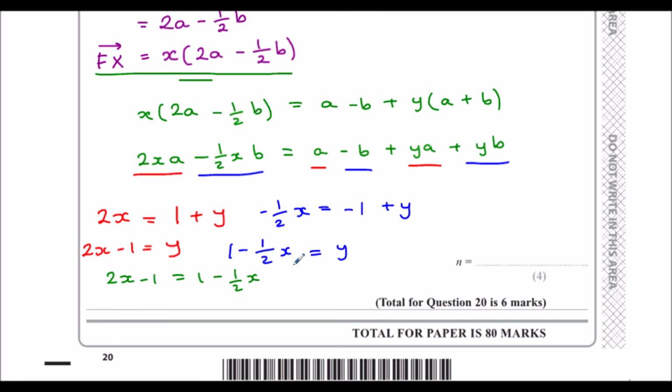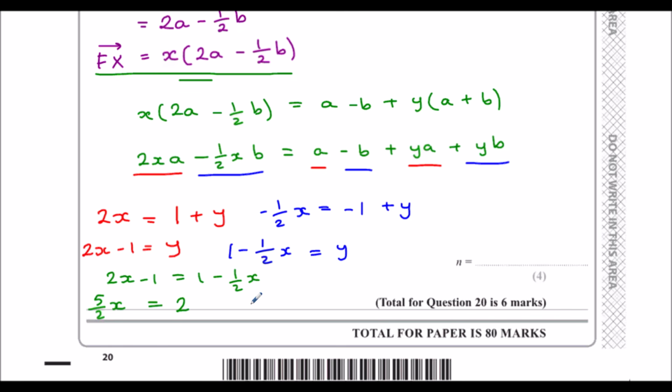I want to get the x's on the same side. So I'll get rid of the smallest one, or the negative one. So I'm going to plus half x to both sides. I've got 2.5 x's now, or 5 over 2. And because I'm running out of space, I'm also going to add 1 to both sides, which will give me 2. So I've got 5 over 2 x equals 2.